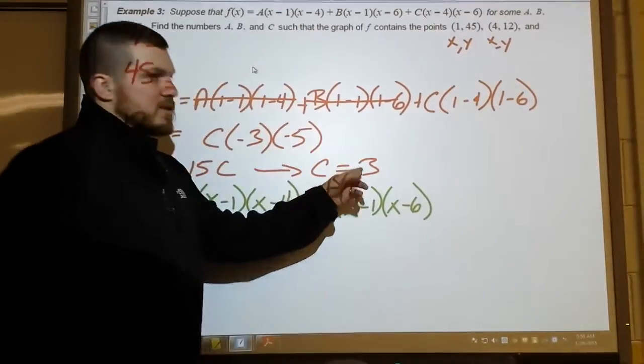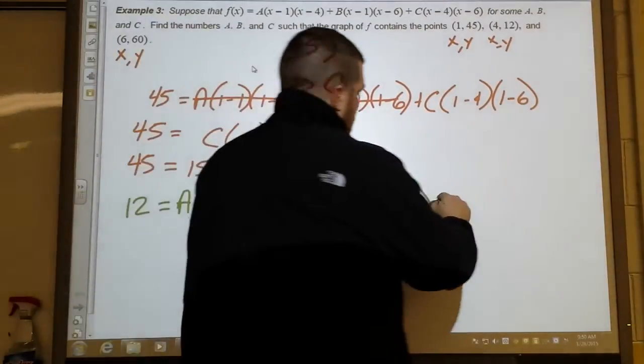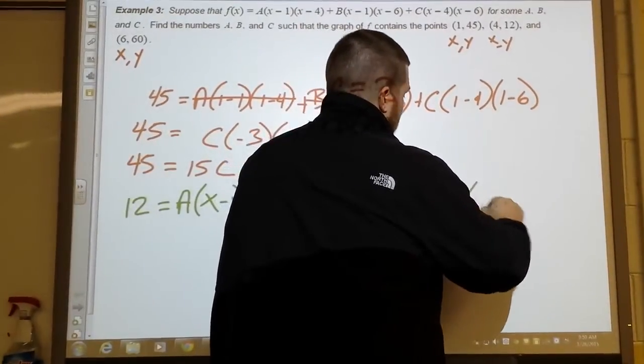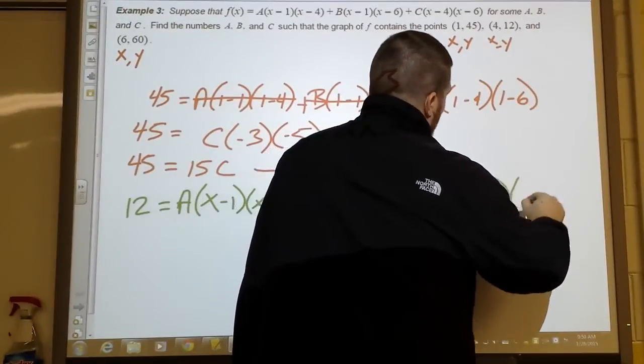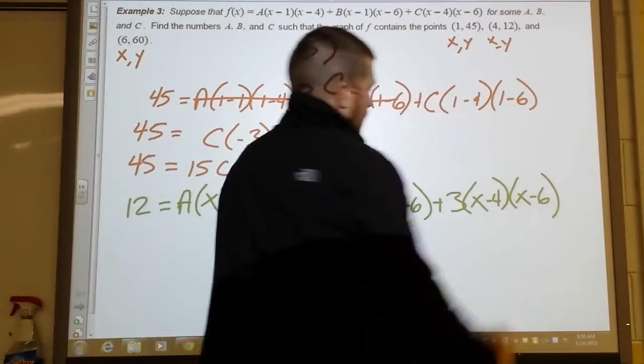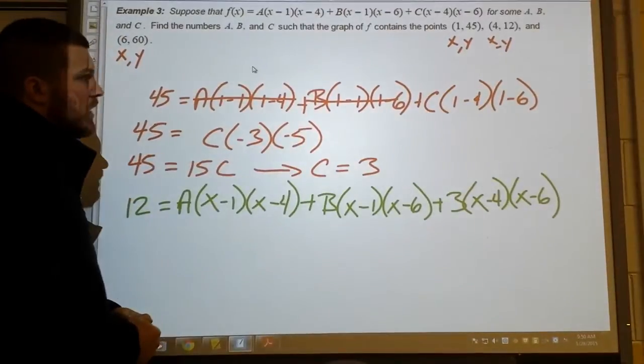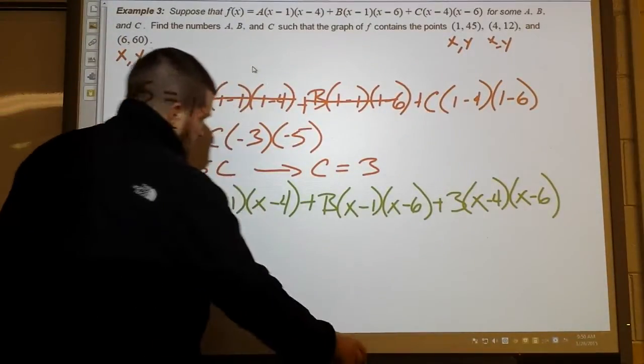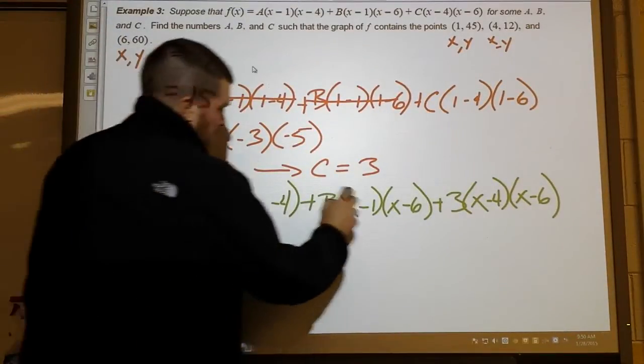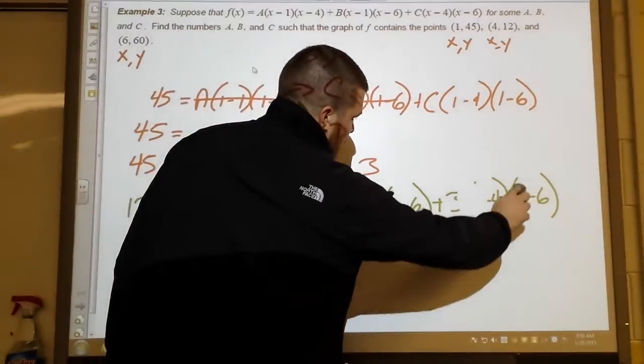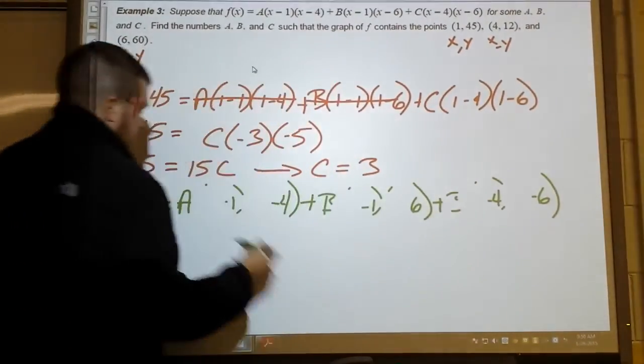And since we know what c is, I can now plug that in. So plus 3 times x minus 4, x minus 6. And again, everywhere I see an x, I'm going to plug in a 4, which I honestly should have done earlier, but I forgot.